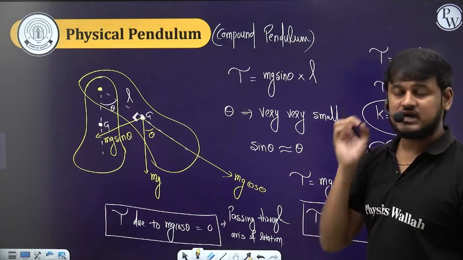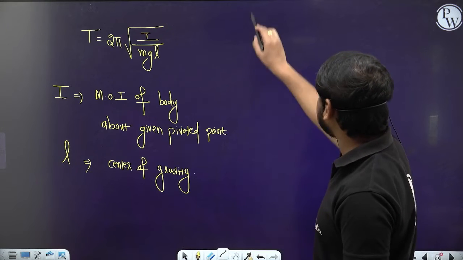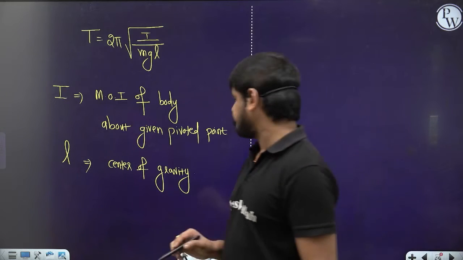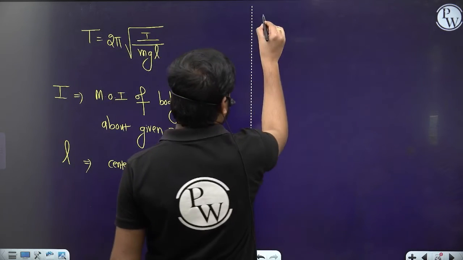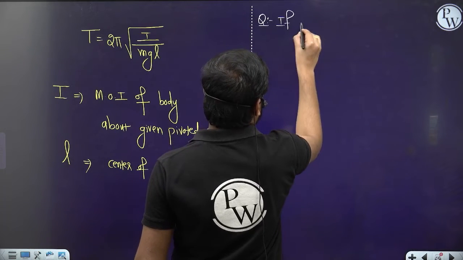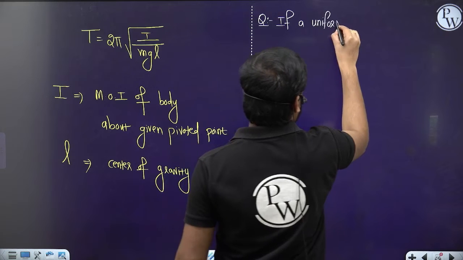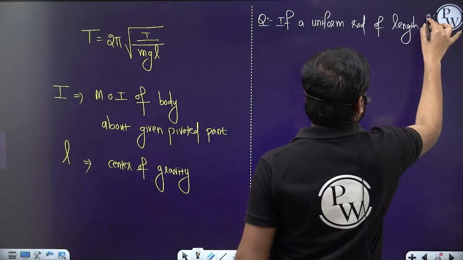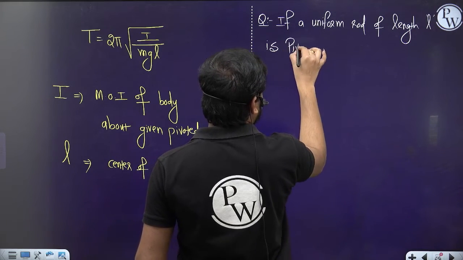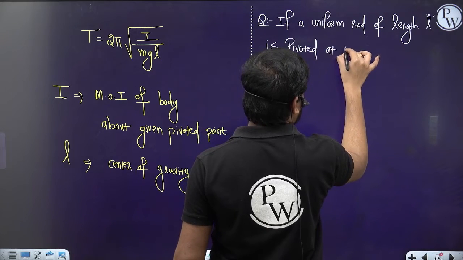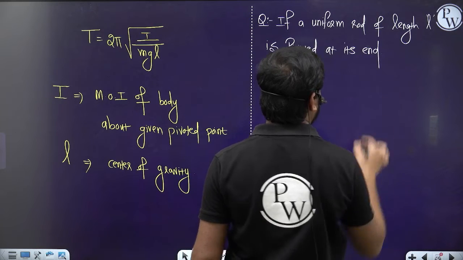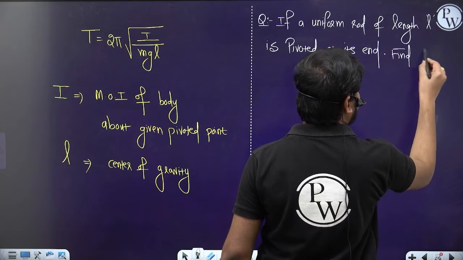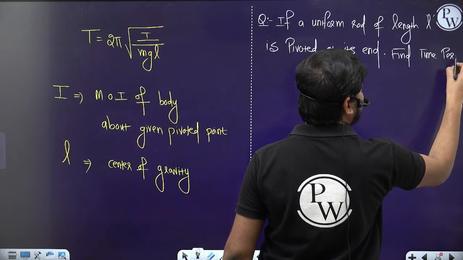Understood, guys? Everyone clear? So I can give one question here. If a uniform rod of length L is pivoted at its one end, find the time period of it, if it's given a slight angular displacement theta.